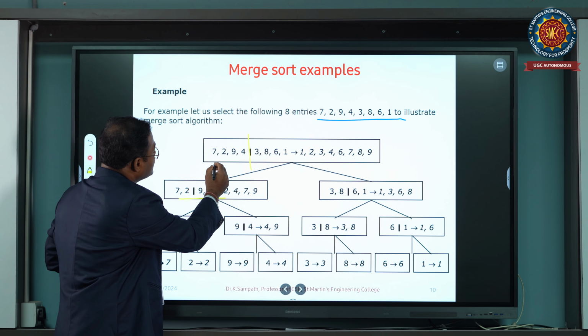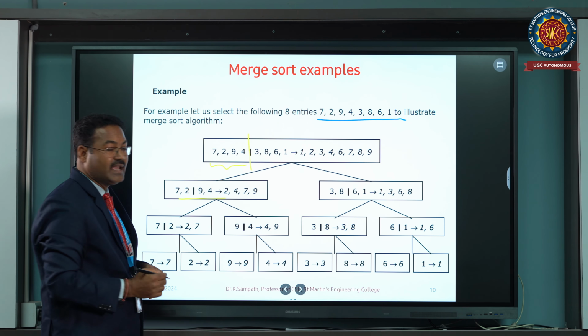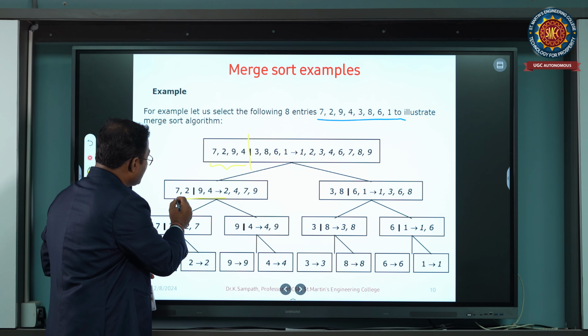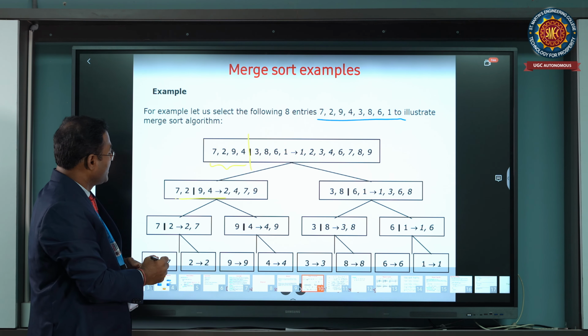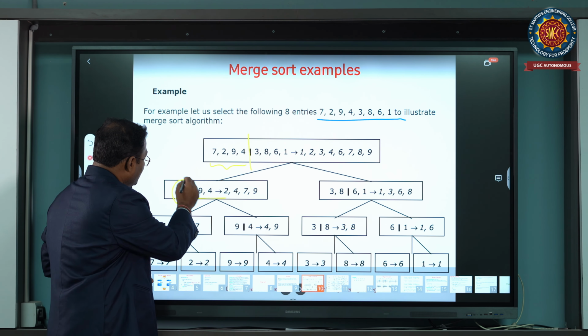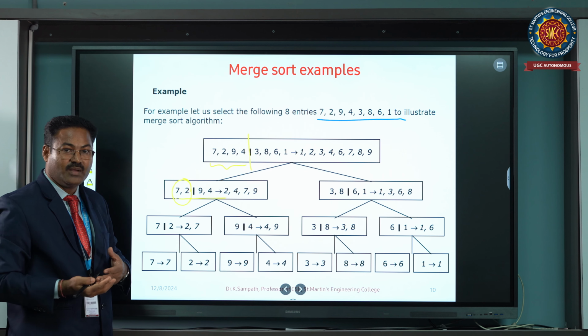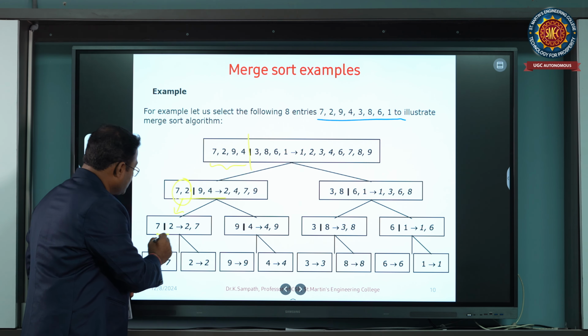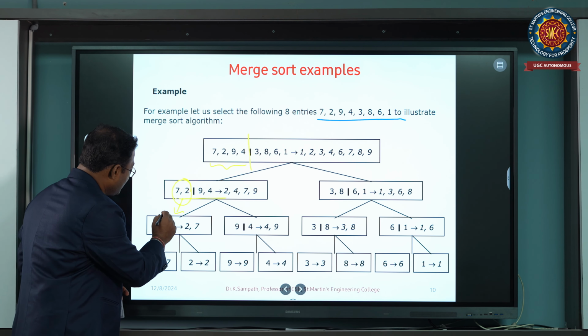Now again, 7 2 9 4 is the larger one. Again, I divided 7 2 9 4 into 7 comma 2 and 9 comma 4. Then again this is 7 comma 2, two elements are there. Again, I have to divide this problem into single elements. These are the individual solutions: 7 and 2.